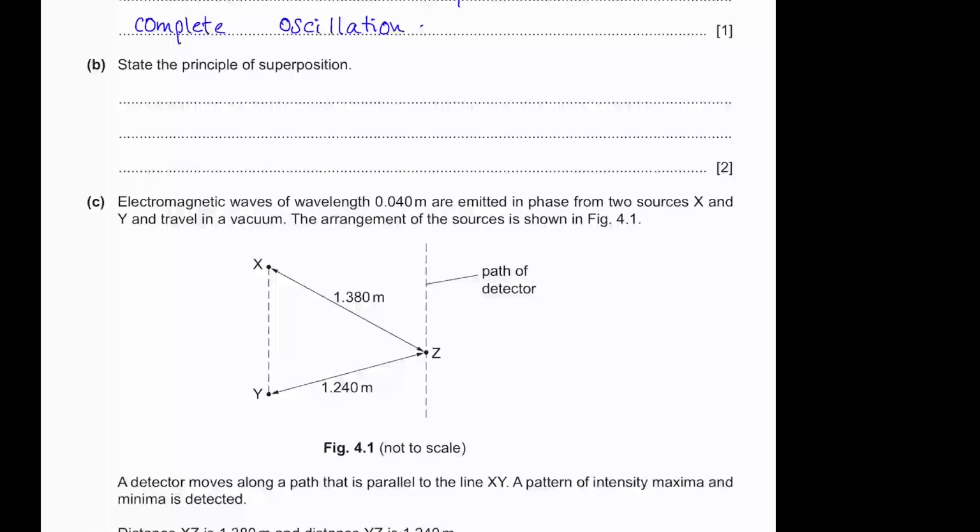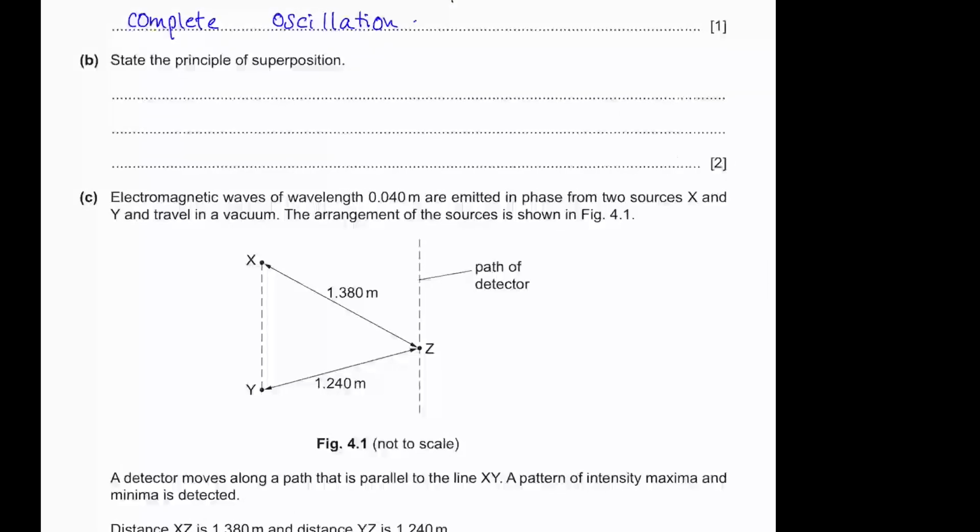When two or more waves meet at a point, the resultant displacement is the sum of the displacement made by the individual waves. Right?